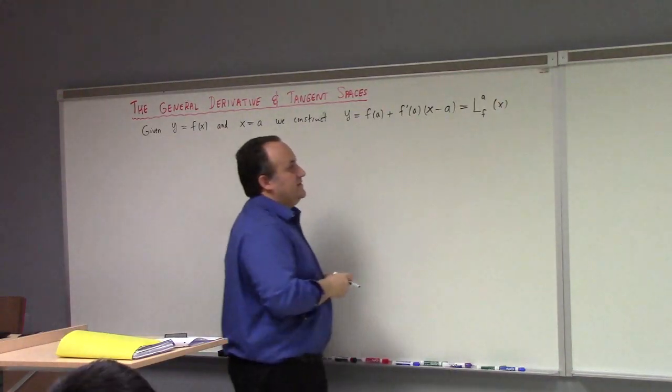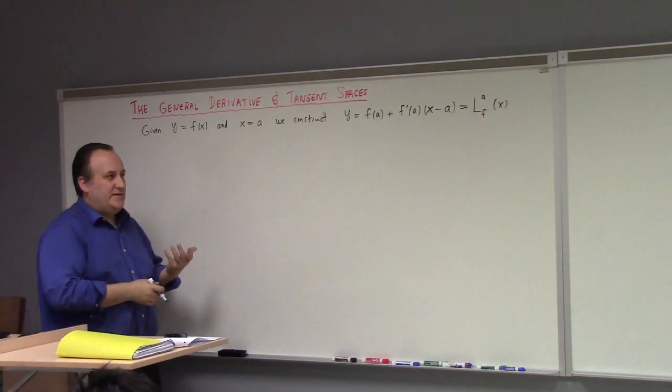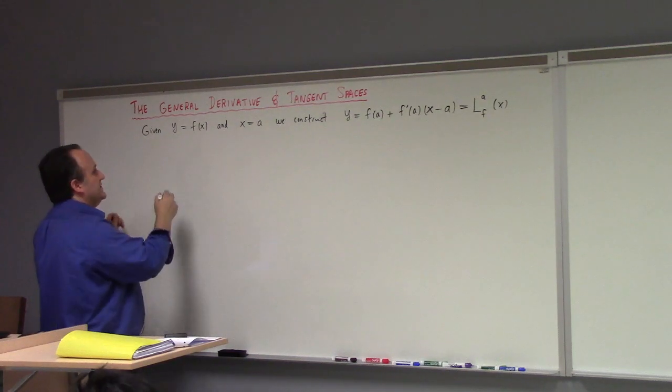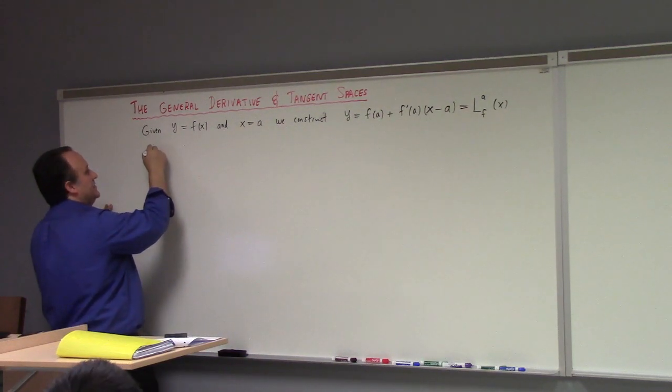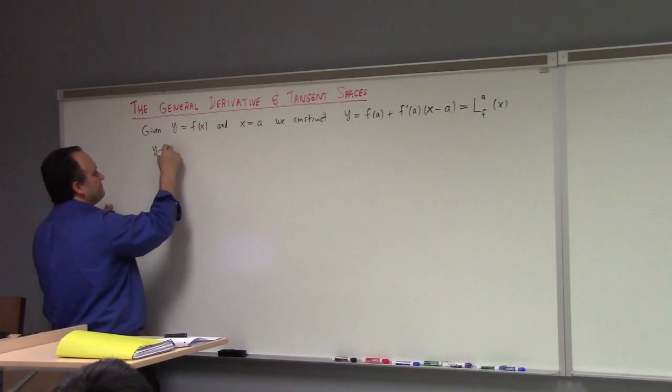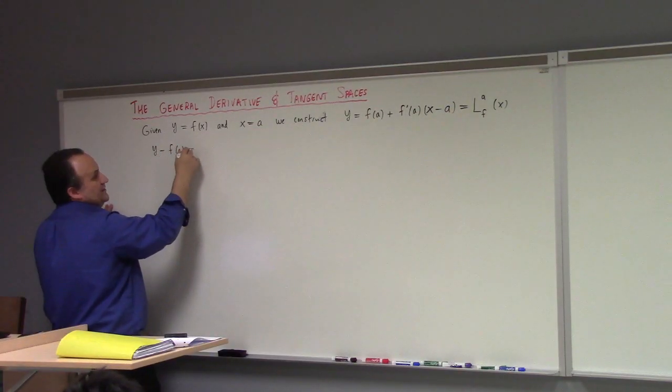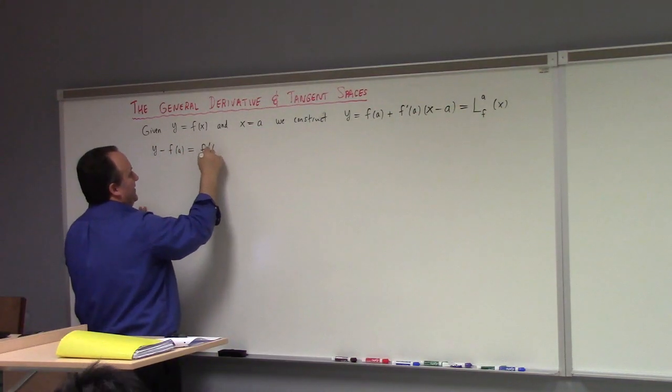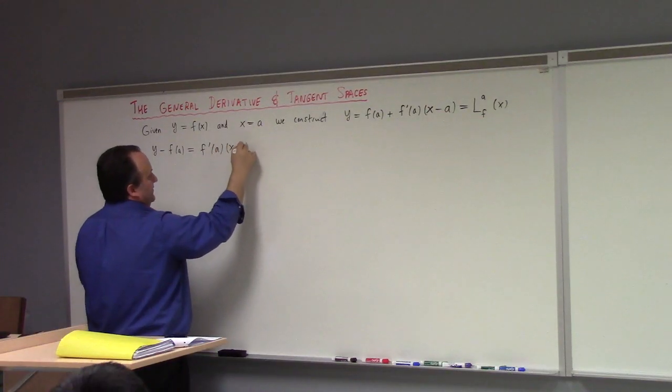So that's the best affine approximation. If you like, you could also look at it like this. You could say, okay, so really, y minus f of a is equal to f prime of a times x minus a, right?